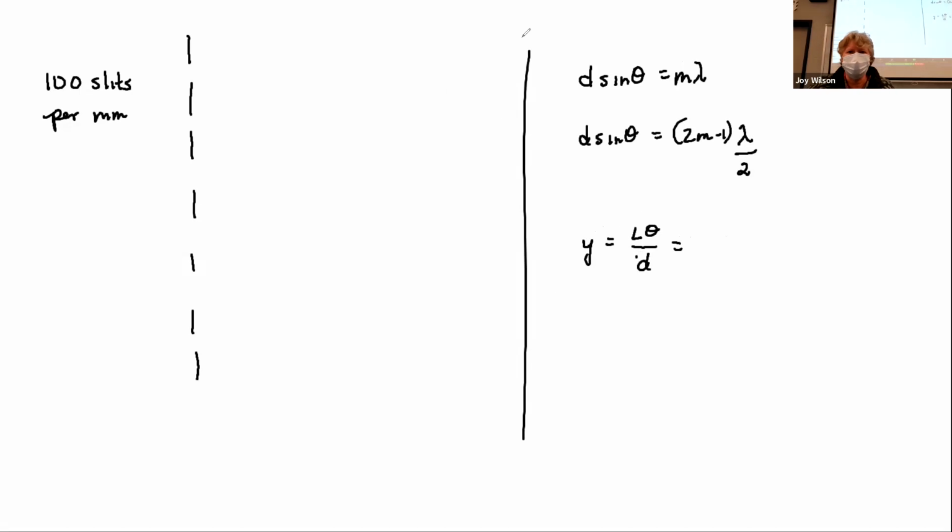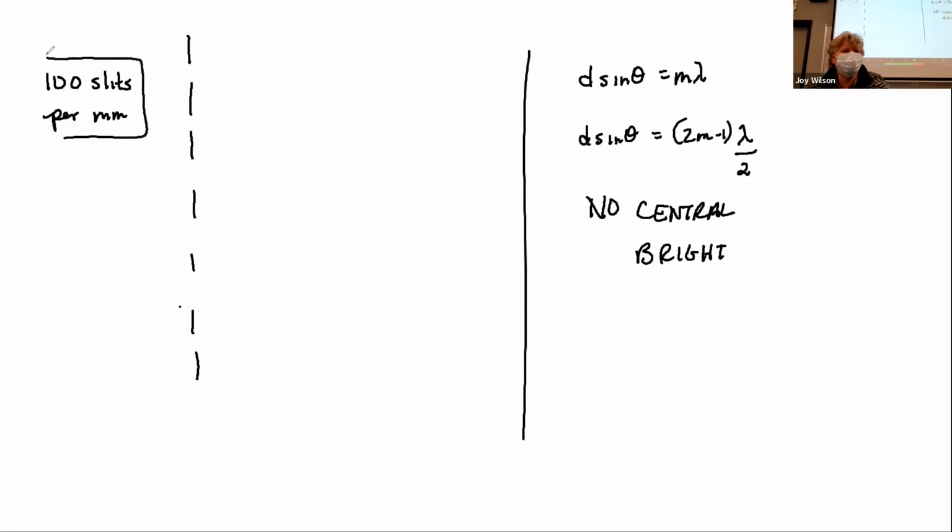We don't have a central bright on this one. That's the one where it's going back to single slit. This one has no central bright because they're all even. So we just have dark and bright.